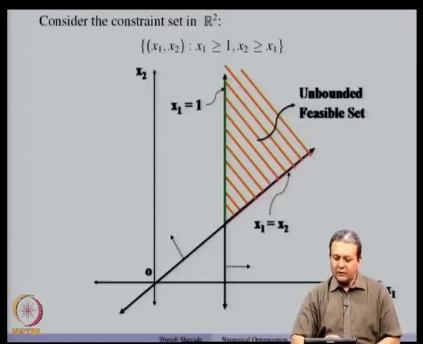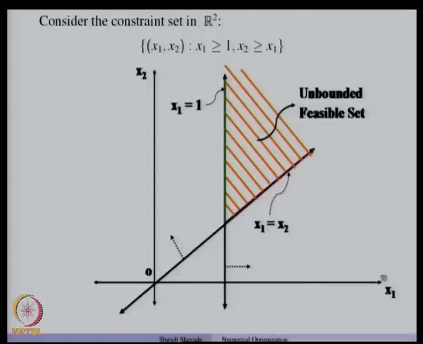So, let us look at the x1 x2 space. So, x1 greater than or equal to 1. So, this is the line which is x1 equal to 1, and we are interested in all those x1s which are greater than or equal to 1. So, the half space is indicated by this arrow. Now, the other constraint, x2 greater than or equal to 1.